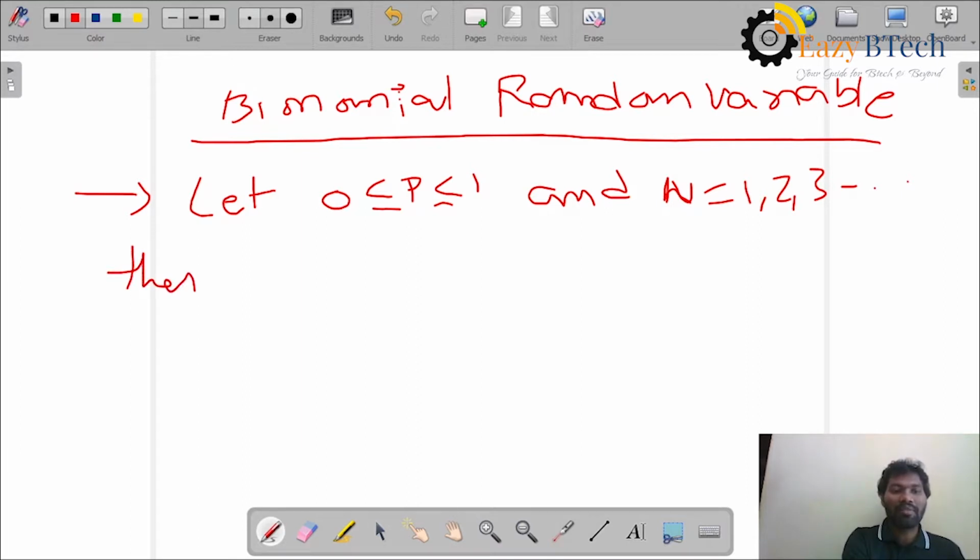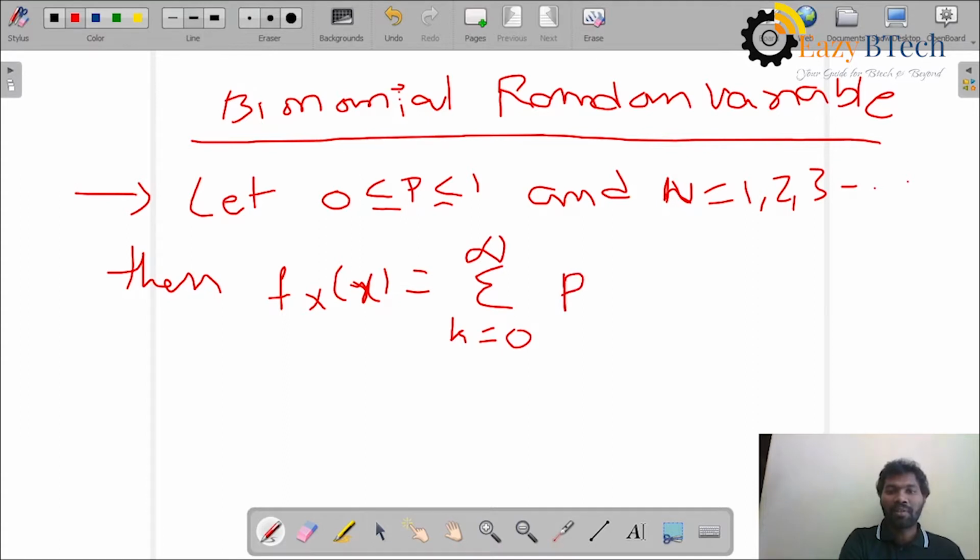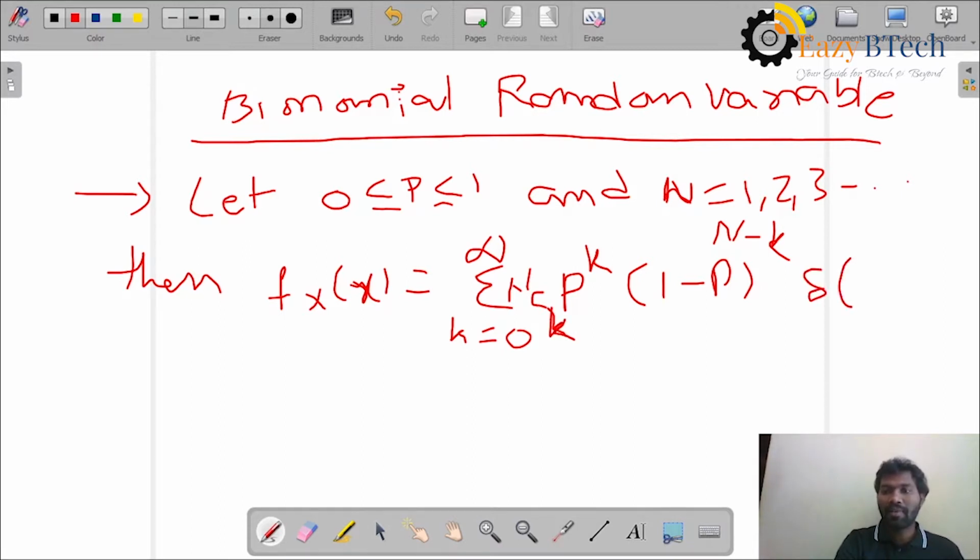Then the function fx of x equals the sum from k equals 0 to infinity of nCk p power k, 1 minus p whole power n minus k, delta of x minus k.